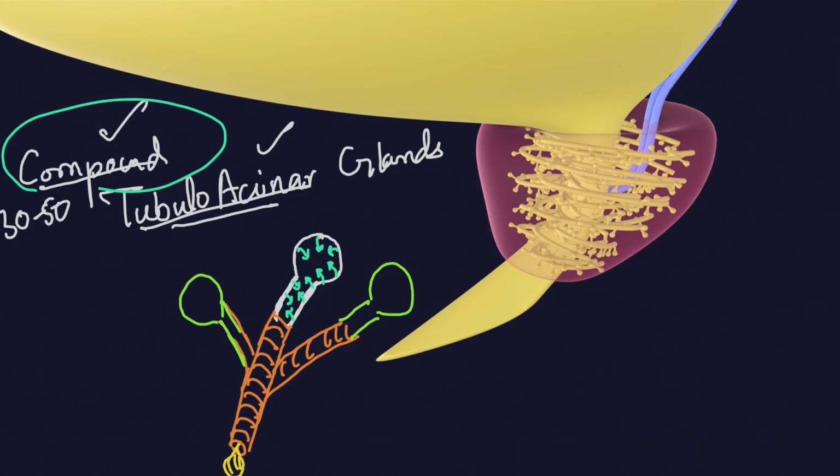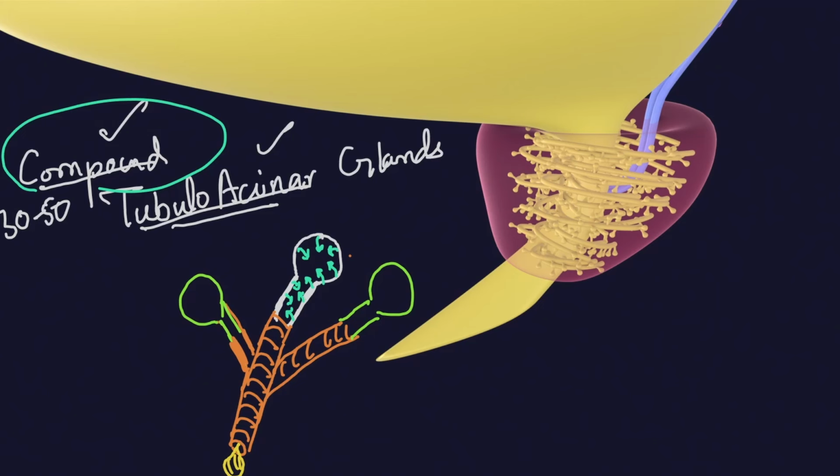I hope you got the concept. By the way, this is the ductular part, not the secretory part. This arrangement in which the duct is branched is called the compound variety of gland. Simple as that: if the duct is branched, it is compound; if the duct is unbranched, it is a simple gland. Remember, I am talking about the duct, not the secretory portion.